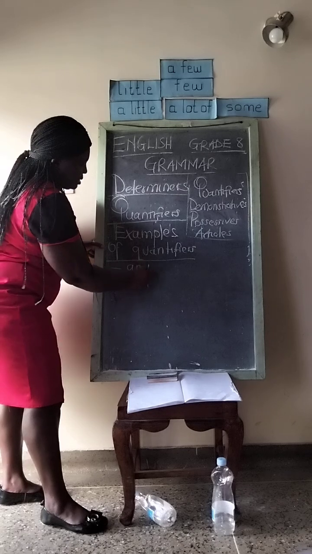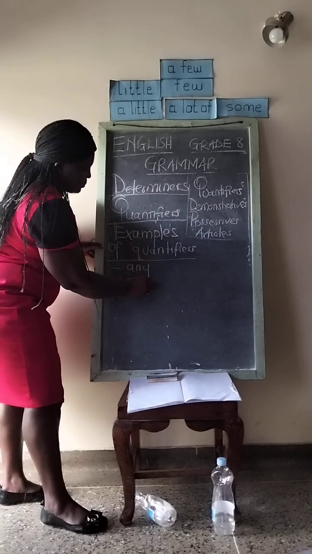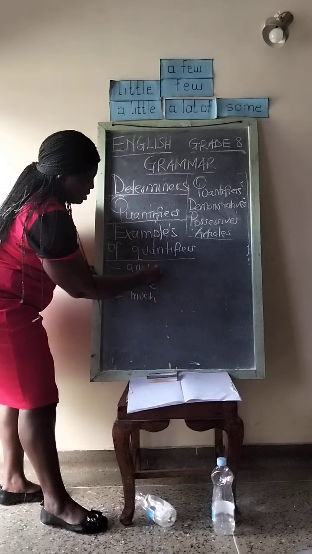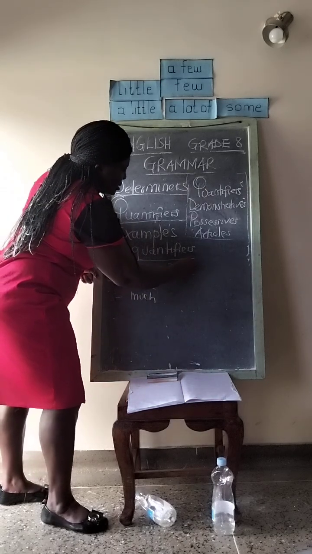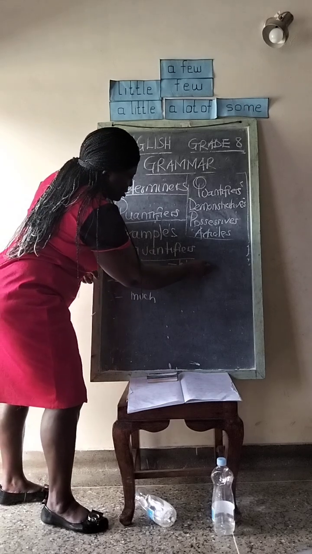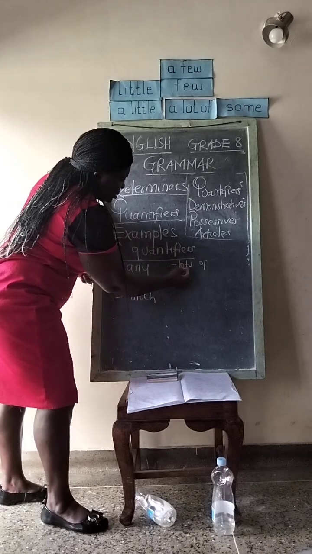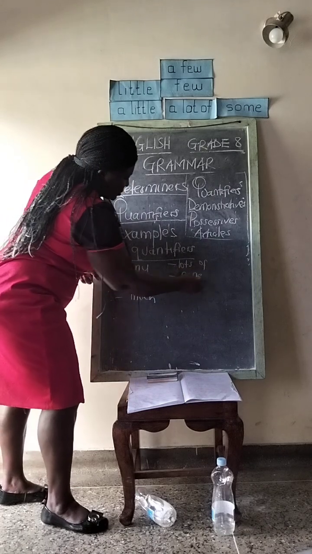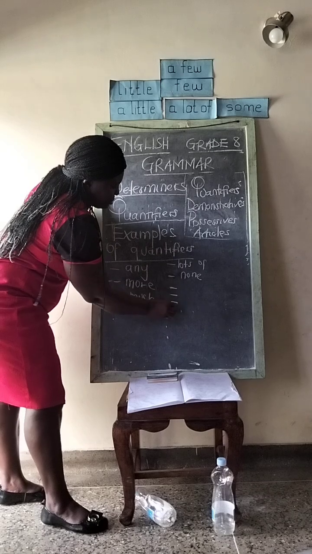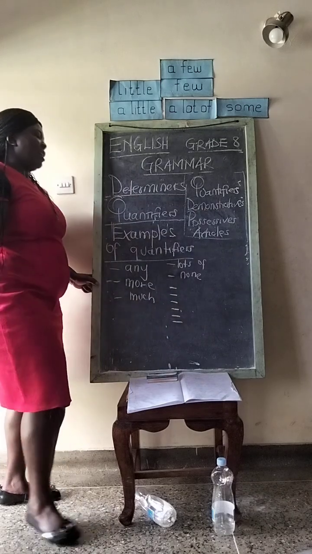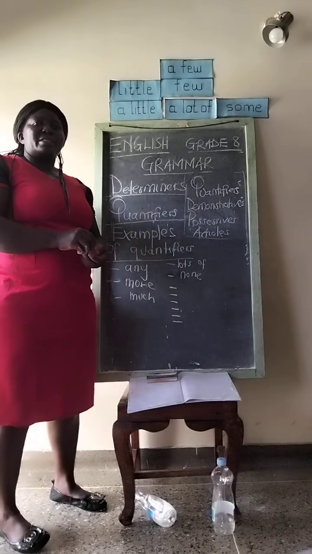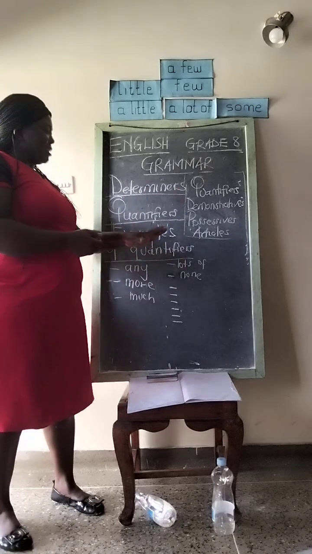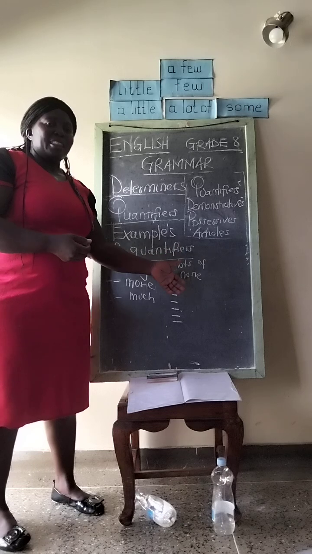We have any, we have more, we have much, we have lots of, we also have none. Make your list longer, and also ask your parent to guide you on how you can write other quantifiers in the comment section.